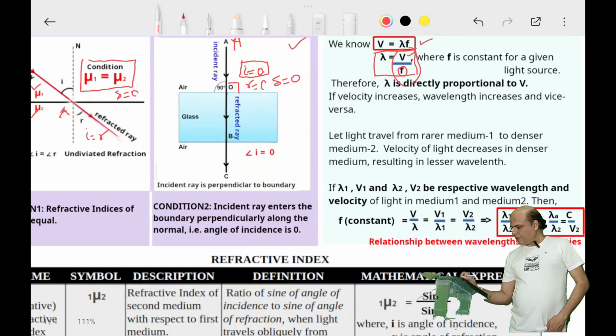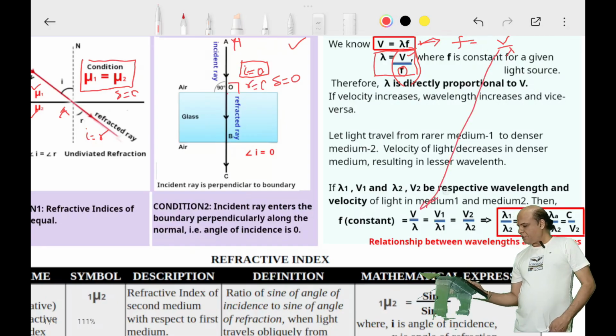Since f is constant, if I take lambda to the other side, I can write it as v by lambda. So f is constant, and v by lambda is constant. So if wavelength in medium 1 is lambda 1 and velocity in medium 1 is v1, then v1 by lambda 1 is constant, fixed for a source of light.